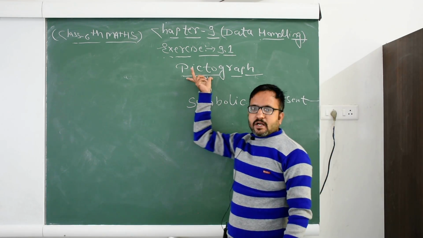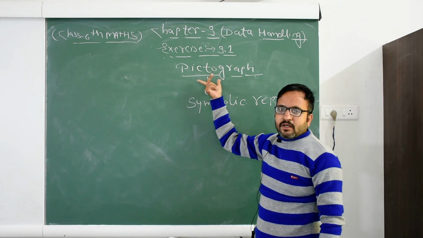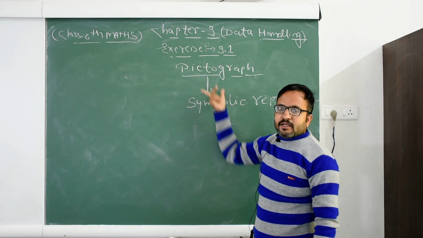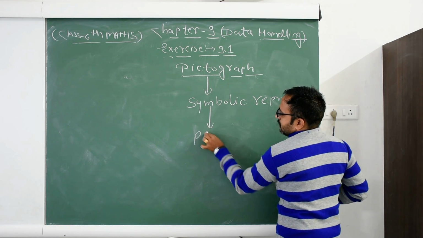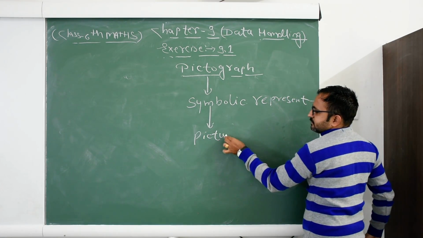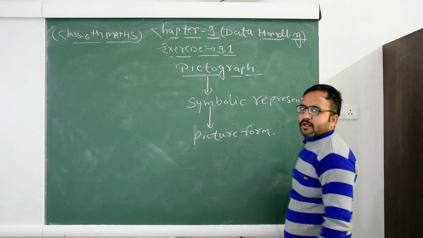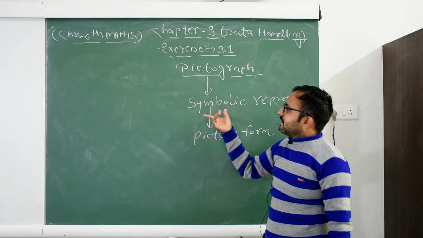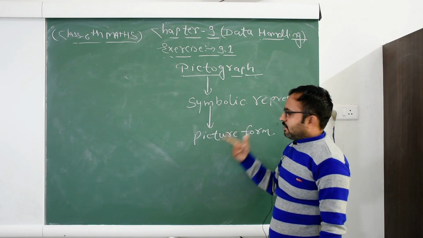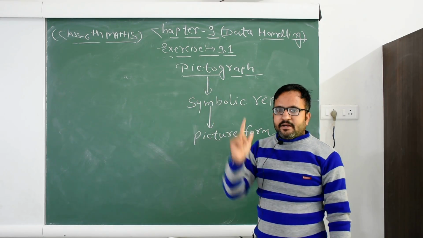Pictograph is another method, used for denoting your data in picture form. So pictograph is a method to represent your data in symbolic form. We use different types of symbols to represent any data.